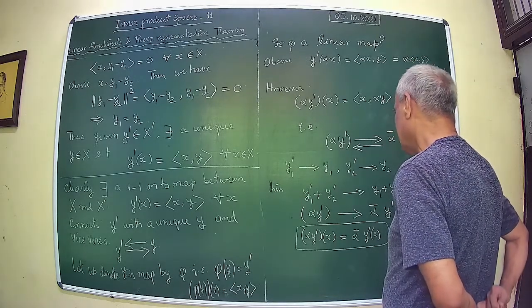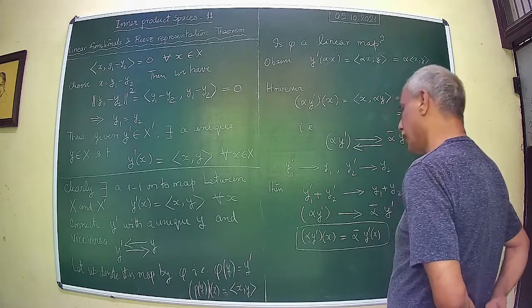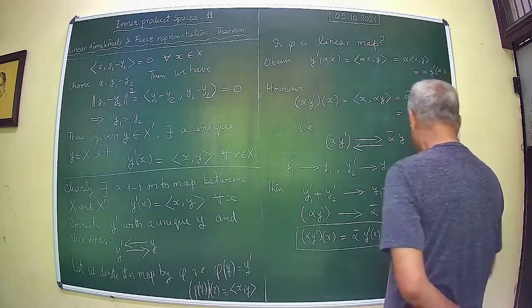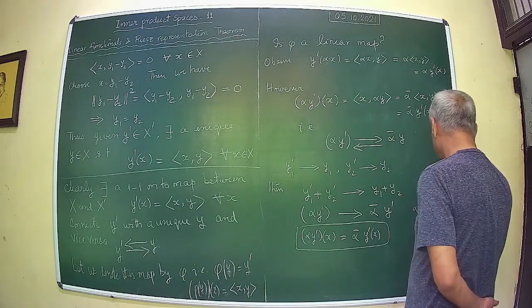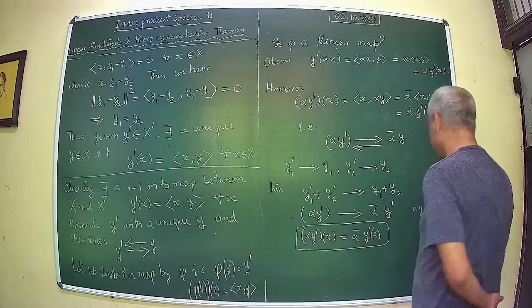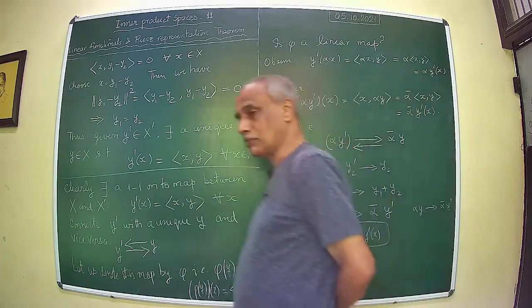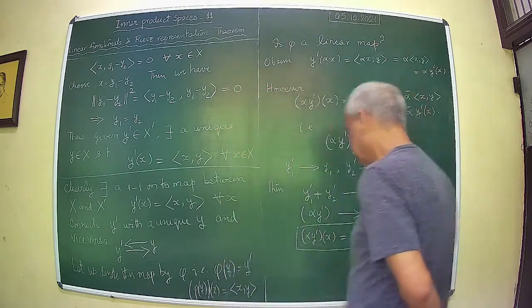In fact, what happens is it is mapped to the conjugate of that. So alpha y is mapped to alpha conjugate of y prime. That's the problem. So it's a conjugate linear map.